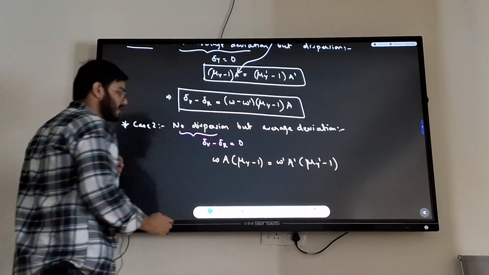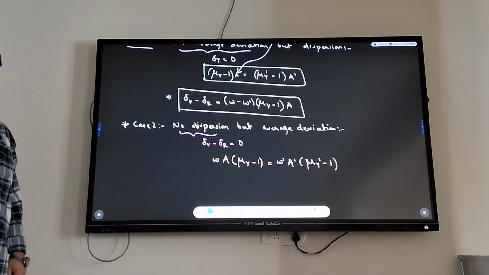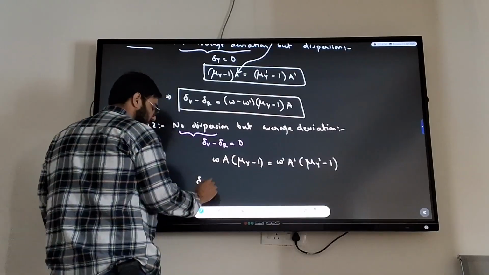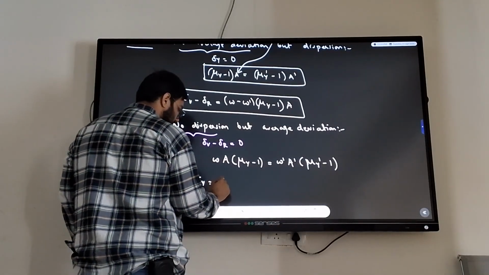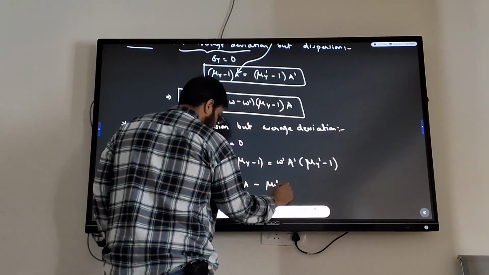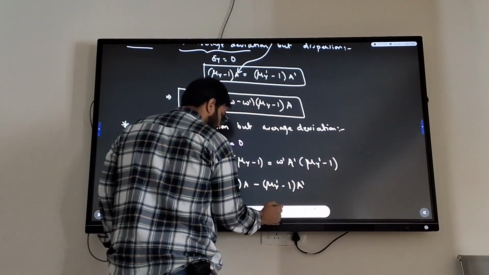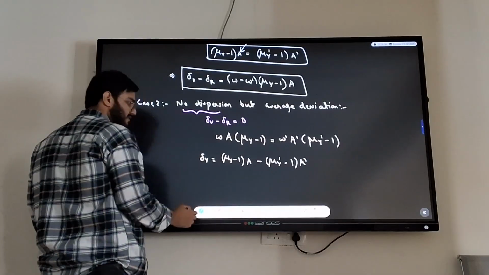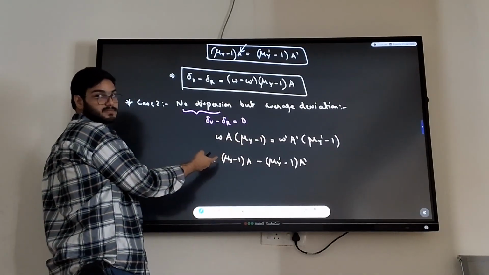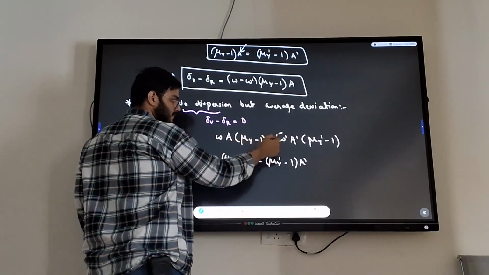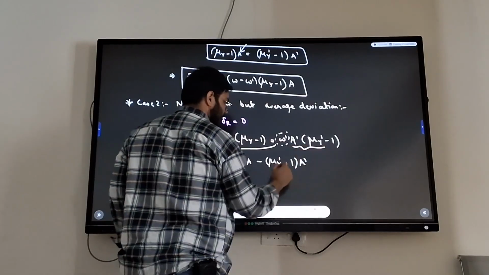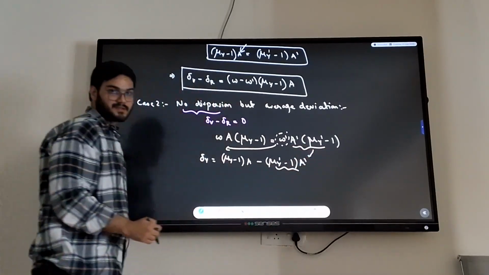Okay? Now what will be the average deviation now? What should be the formula? Delta y was mu y minus 1 into a minus mu y dash minus 1 into a dash. But now I can substitute mu y dash minus 1 into a dash as the whole thing divided by omega. Can you see? Just put it downwards, and this thing is basically this thing. Yes or no?